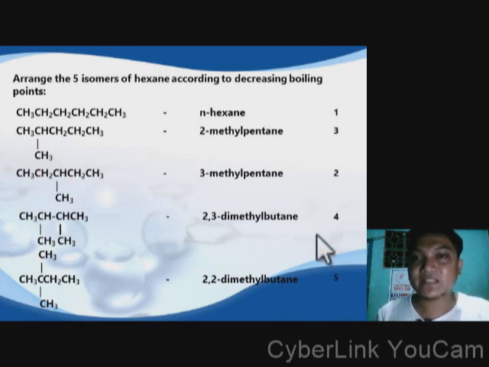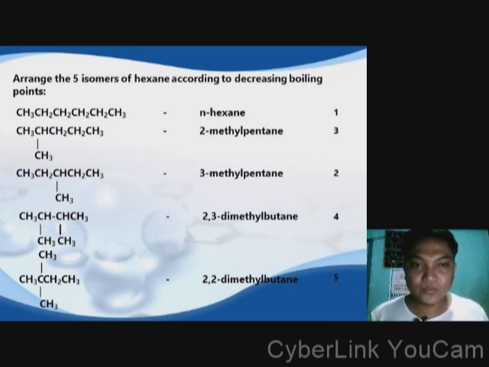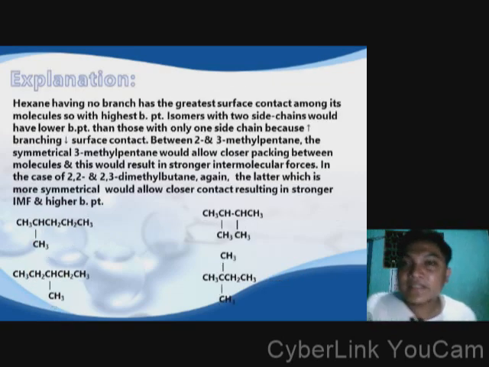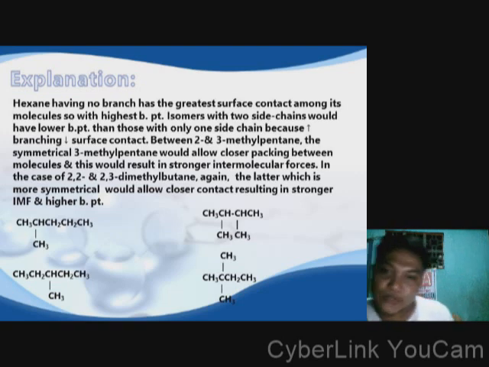Okay? And then sa 2,3-dimethylbutane, the latter, which is more symmetrical, would allow closer contact, resulting in stronger intermolecular force and higher boiling point.